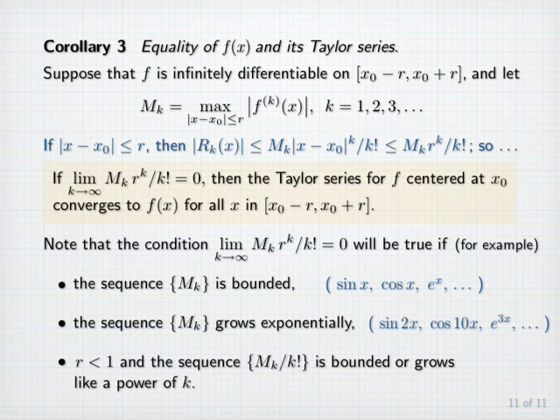This situation arises for functions related to the geometric series, such as the natural log of 1 plus x, the inverse tangent of x, and so forth. So all of this means that, unless the sequence M sub k grows faster than any power of k times k factorial as k goes to infinity, the function's Taylor series will equal the function on an interval centered at x naught.